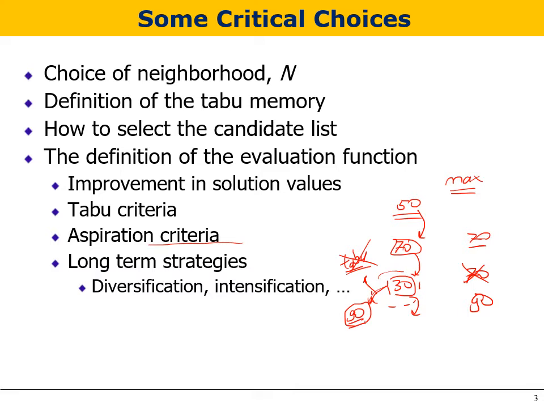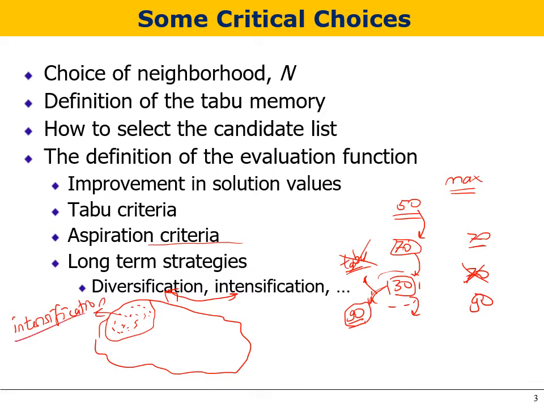So we need to define long-term strategies when designing a taboo search, like diversification, as I told, and intensification. There should be a balance between intensification and diversification. These are two important concepts. Again, if we go back to our search space, if you design a taboo search which only searches a certain region of the search space, it means that you are making intensification.